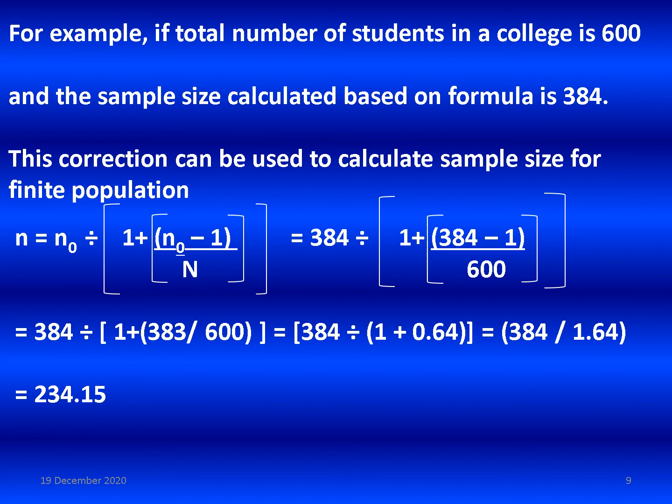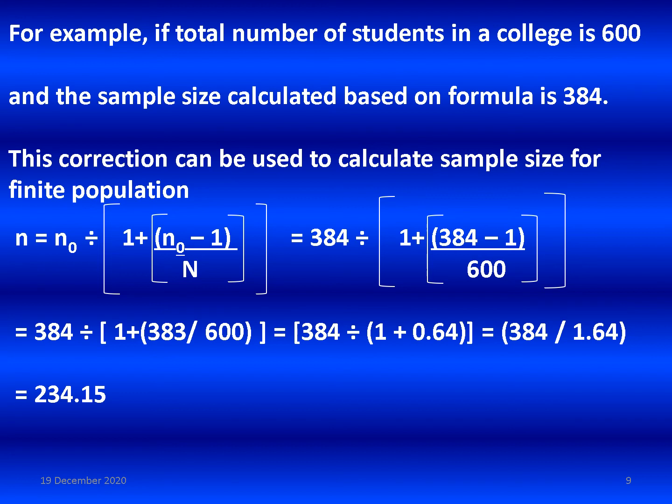I told you the corrected sample size will be the calculated sample size divided by 1 plus the calculated sample size minus 1 divided by the total finite population.